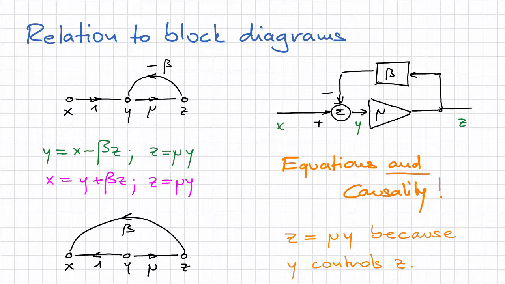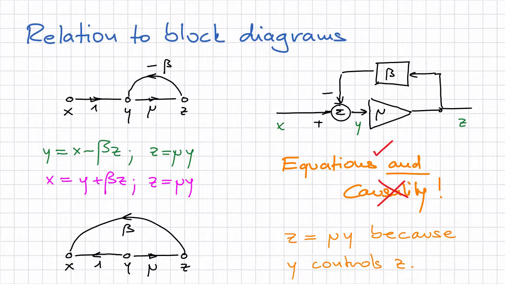In the old signal flow graph, x was the independent variable, now y is the independent variable. So if you do operations like this on signal flow graphs, then the equations still give exactly the same results, but causality is broken.